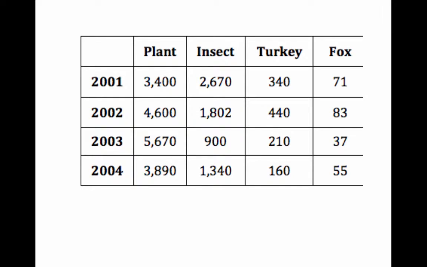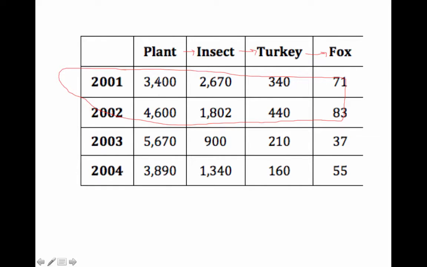Now let's look at another food chain. A plant gets eaten by the insect, which gets eaten by the turkey, which gets eaten by the fox. I'm just going to look at what happened from 2001 to 2002 with those populations.